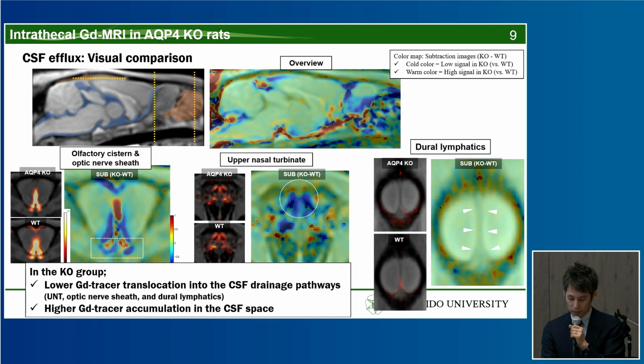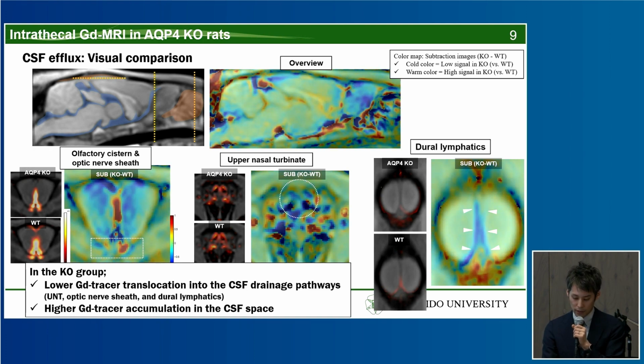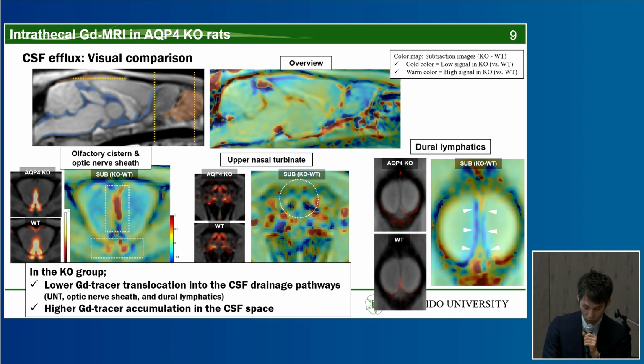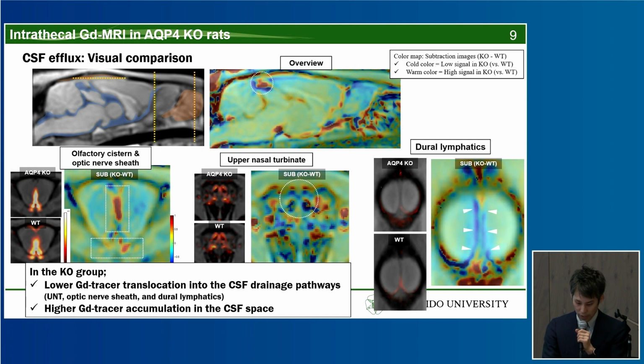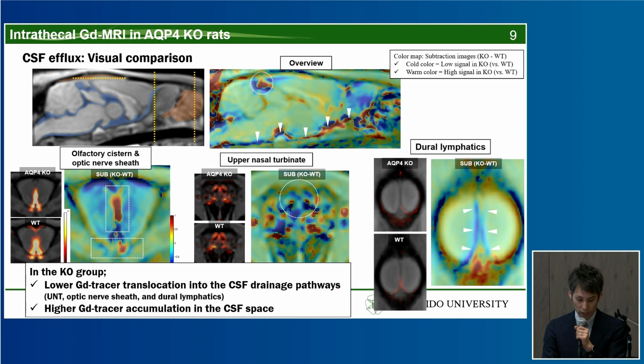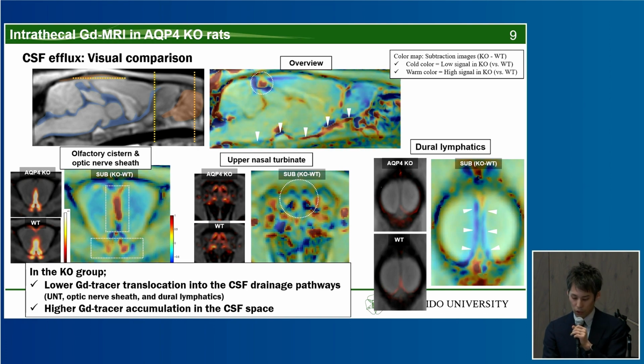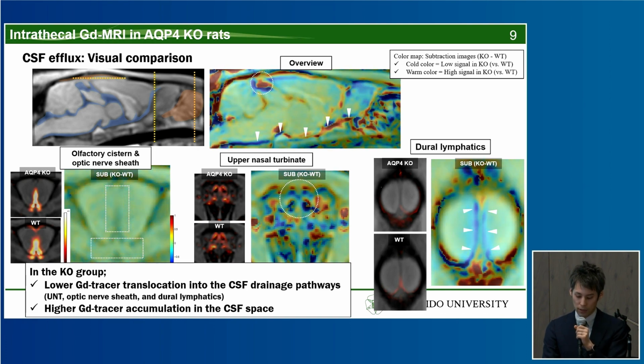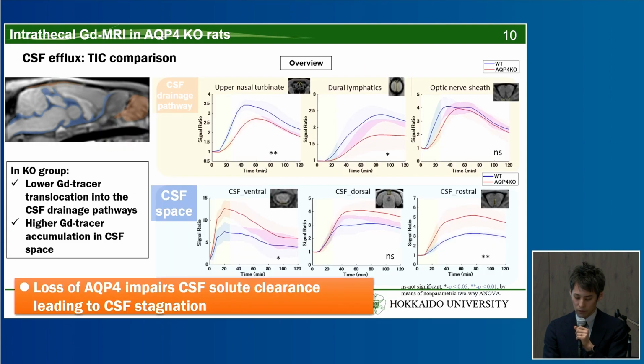In contrast, the color of the subtraction images in the CSF space, frontal, dorsal, and ventral, was warmer. This might indicate that the tracer in the knockout group is stagnant in the CSF space. The time intensity curve analysis also shows similar results.